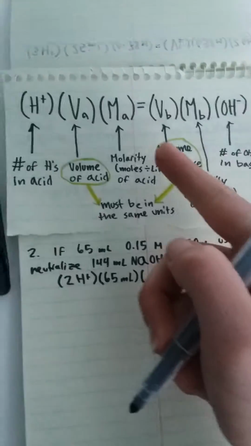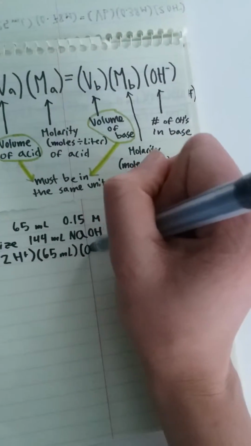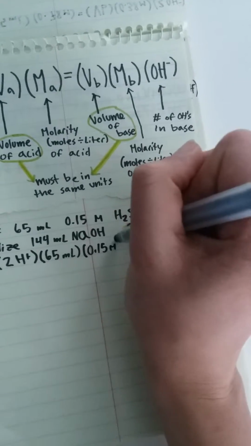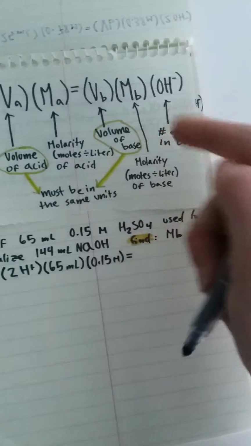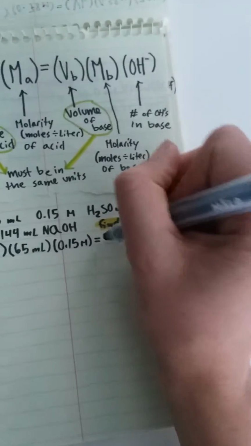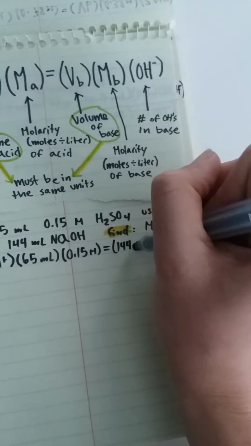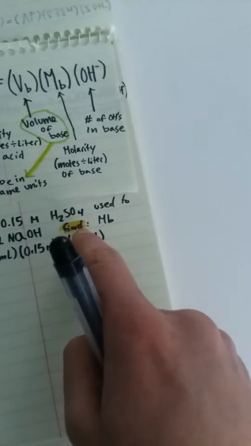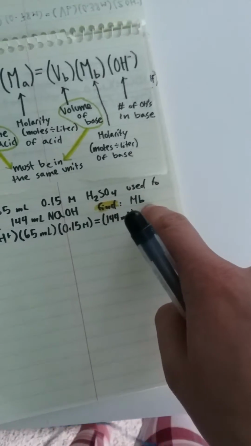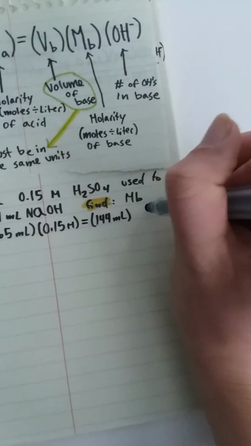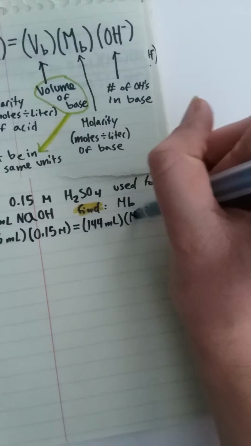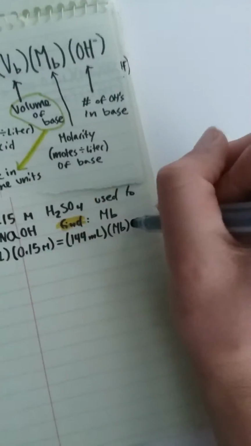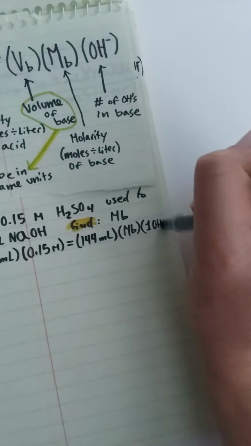And then our molarity of our acid, it's given to us, 0.15. Then the other side, volume of our base, 144. Oh, we don't have the molarity, so that's what we're finding, and I'm pretty sure that's given to you in the question. So just leave that as a variable. And then we only have 1 OH, so just 1 OH minus.